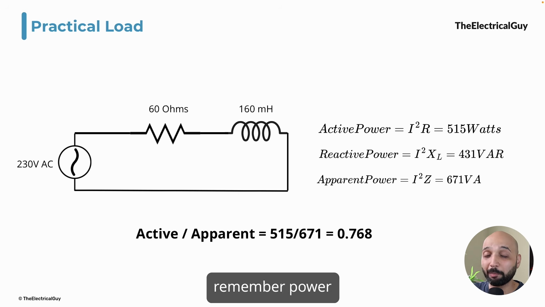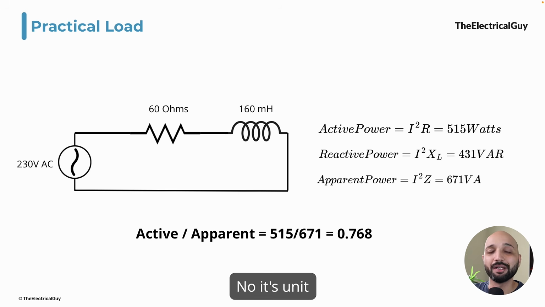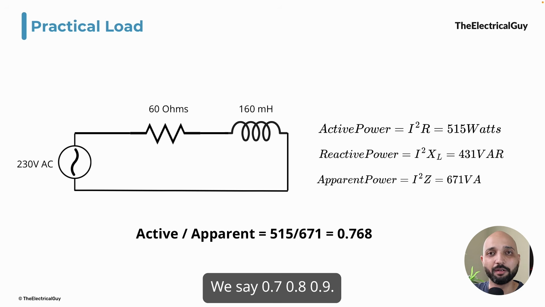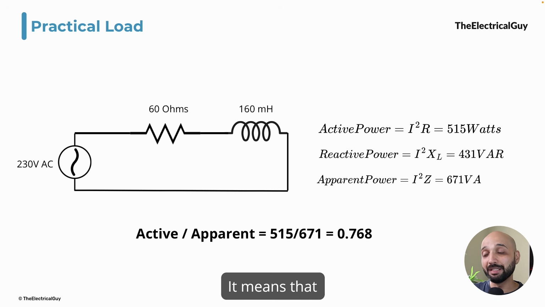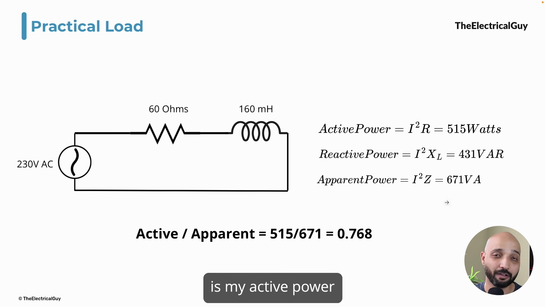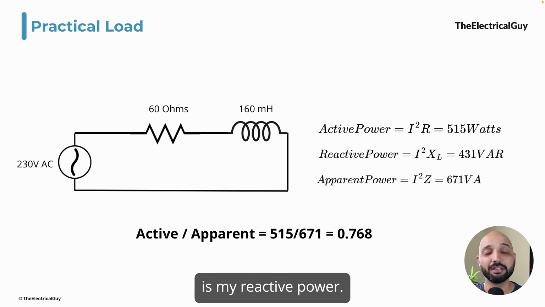Now, please remember, power factor is unitless quantity. So it's not like a percentage or ohms or amperes. No, it's unitless quantity. We say 0.7, 0.8, 0.9. It means that out of here, 671 volt ampere, 76% of power is my active power and balance is my reactive power.